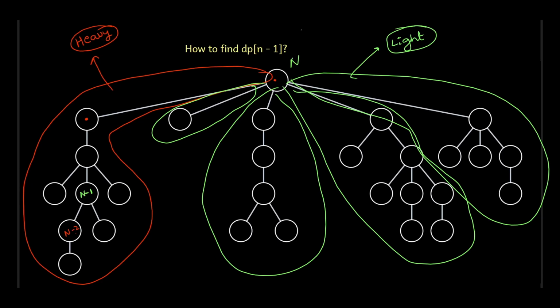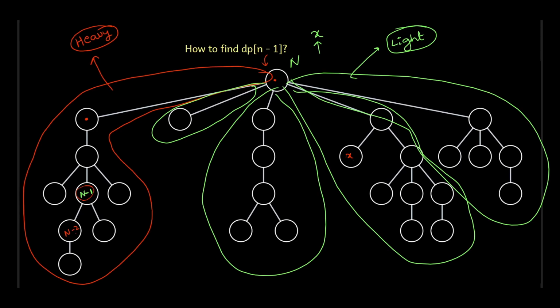You can see that n can enter the set only after a heavy element has entered the set, because if a light element has entered the set, after this n cannot enter. Why? Because this element will have to expose n as a leaf, but then this x has to delete the biggest element of the heavy set, which is n minus 1.